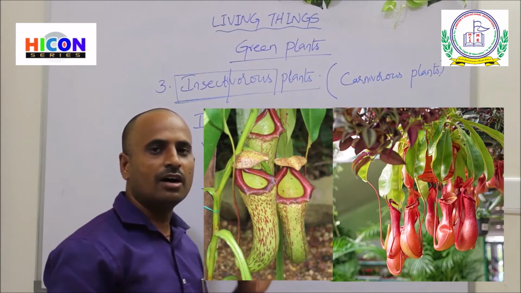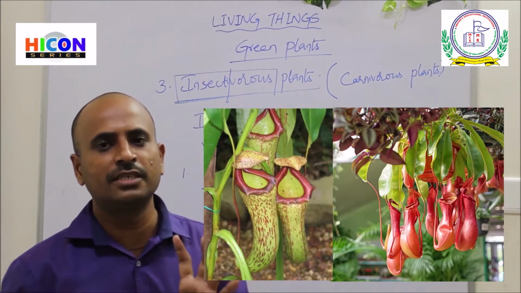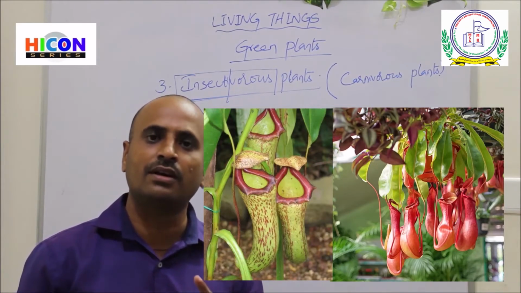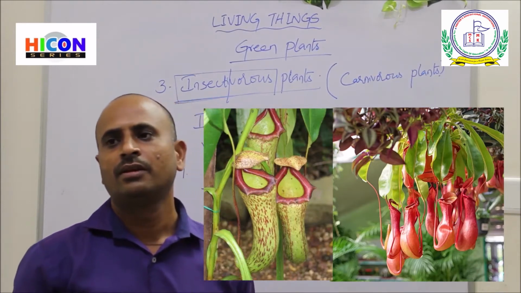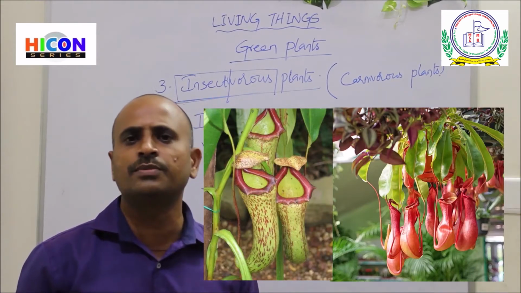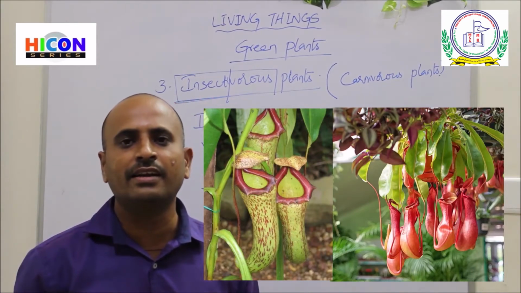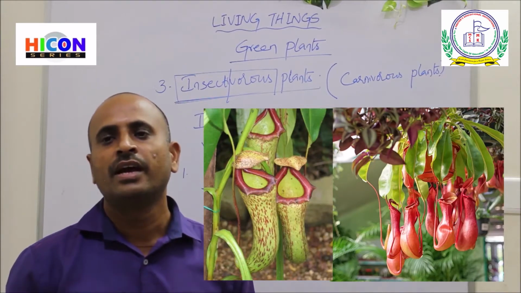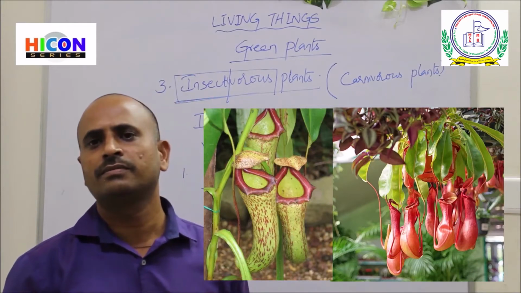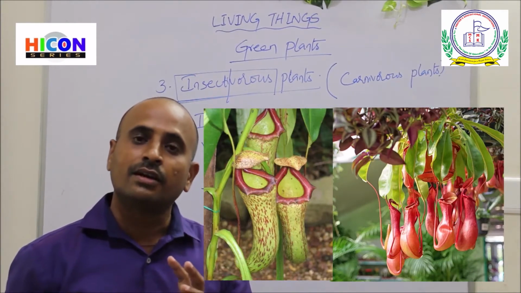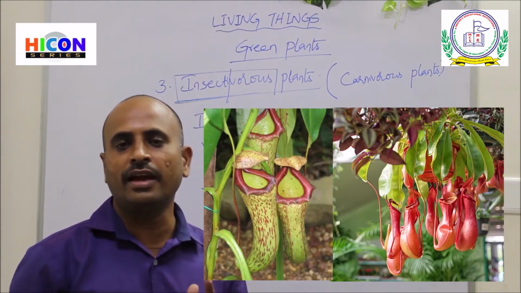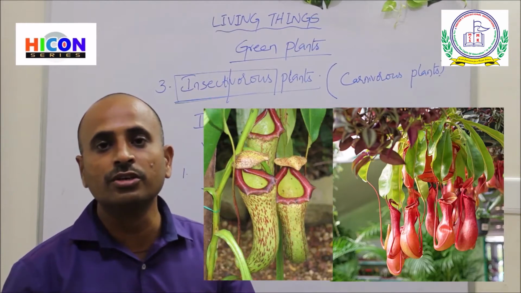The pitcher has a sweet fluid, that means sweet syrup. Because of this sweet syrup, the insects are easily attracted and come inside the pitcher to eat it. When the insects come into the syrup, they fall into the pitcher, and the pitcher is closed by the lid.